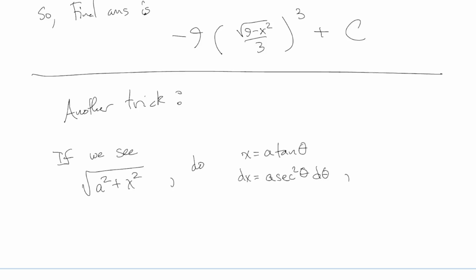In this case, you do this substitution and then use a similar rule for tangents, but it uses plus, and this is why this substitution works. 1 plus tan squared theta equals secant squared theta. So the details are all slightly different, but it's the same basic setup and the same basic kind of substitution tricks that you're going to use.